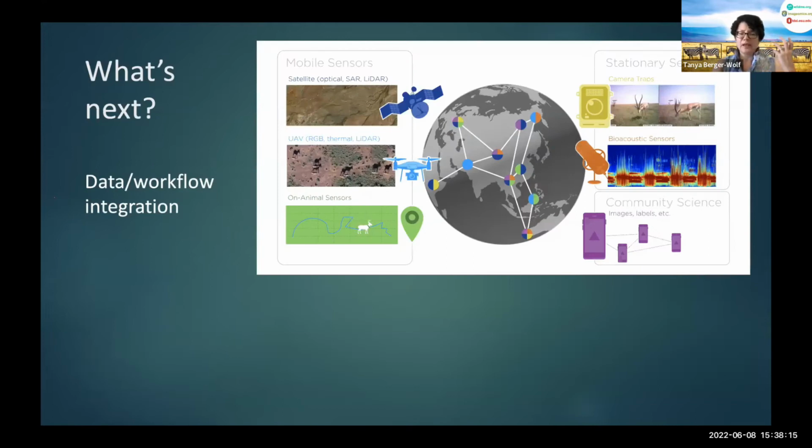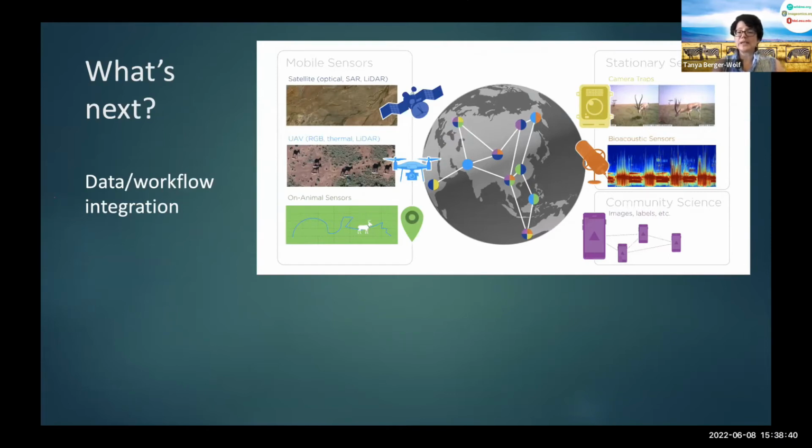The other big thing, as Martin pointed out, is that it's not enough to have all this data, whether it's tropical ecology or avian ecology, for this species in isolation or that species in isolation, sometimes in the same region. We need to start integrating both the data and the workflows.